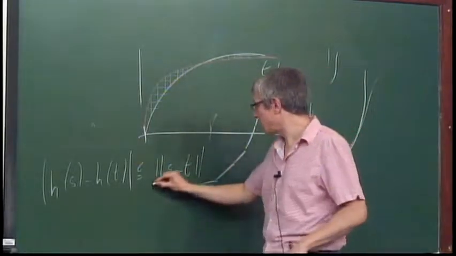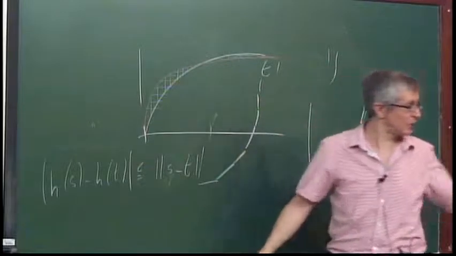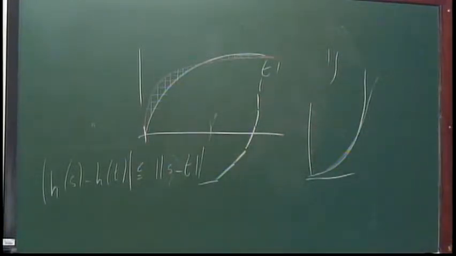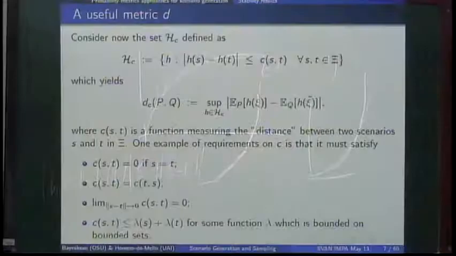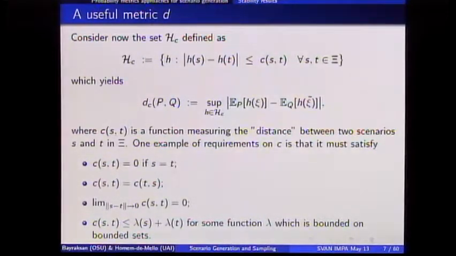But here, instead of looking at S minus T, I want to be a bit more general and work with some function that measures, it doesn't have to be an actual distance. It's just something that has properties that resemble a distance, but doesn't have to be a distance per se. For example, if the function is 0, then they are the same, or it's symmetric.